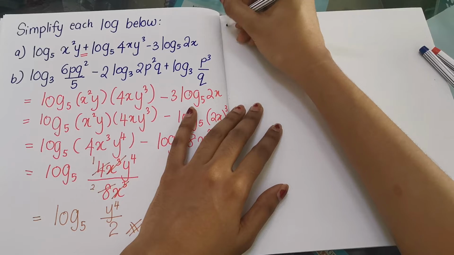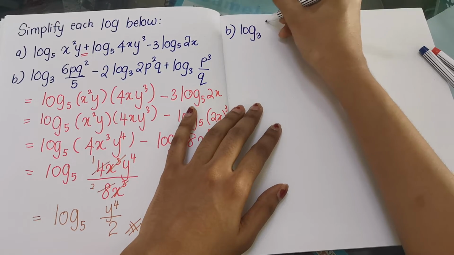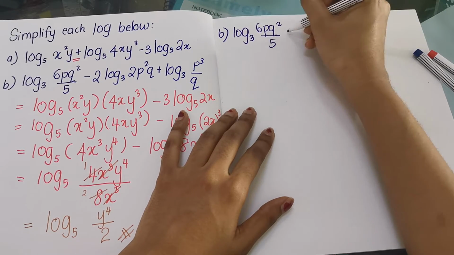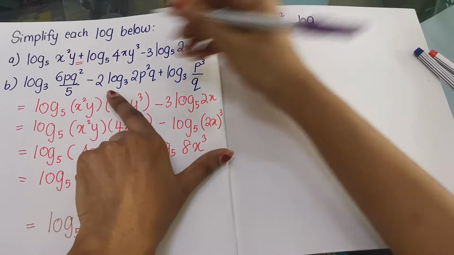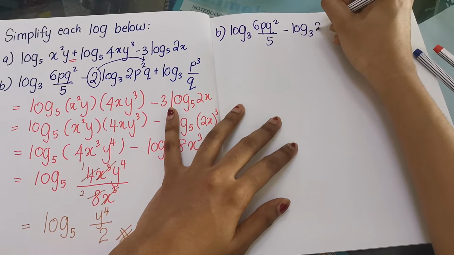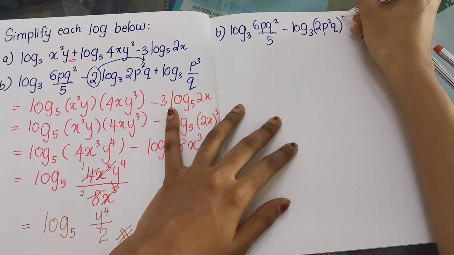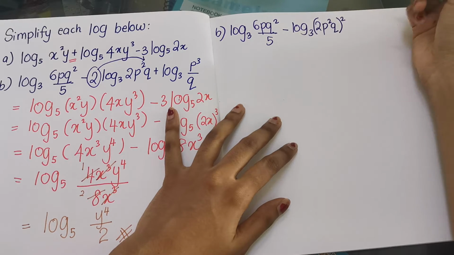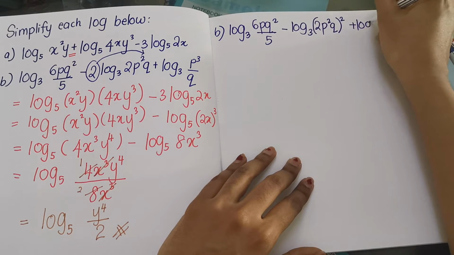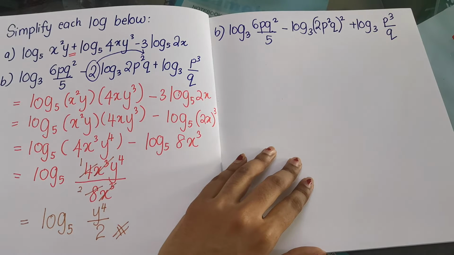So for B, it's going to be log base 3 of 6pq squared over 5, minus log, and this one is going to come up as the power, 2p squared cubed, the whole thing to the power of 2, plus log base 3 of p cubed over q.